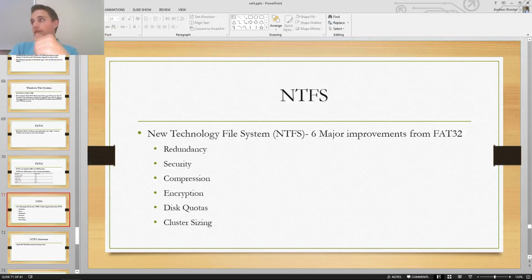If I copy it to a file share, and one of you copies it down to your FAT32 USB drive, all of those permissions get stripped when it gets copied to FAT32. So you can actually completely bypass all of those if you do that, which is kind of awesome.